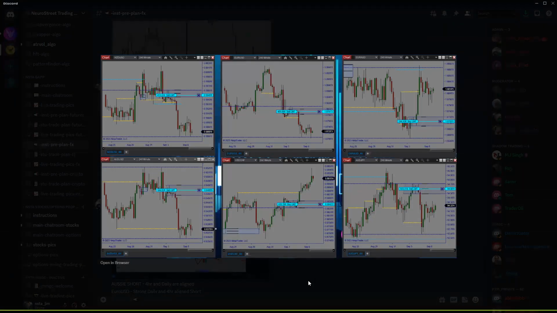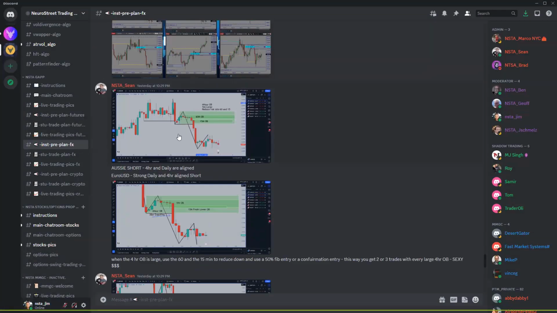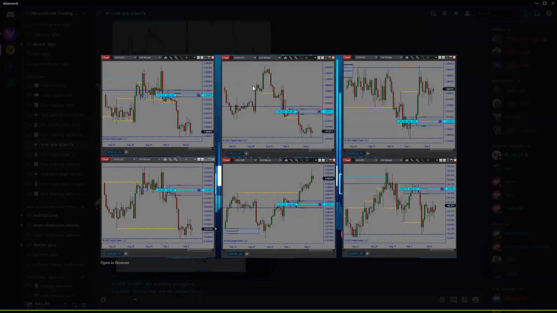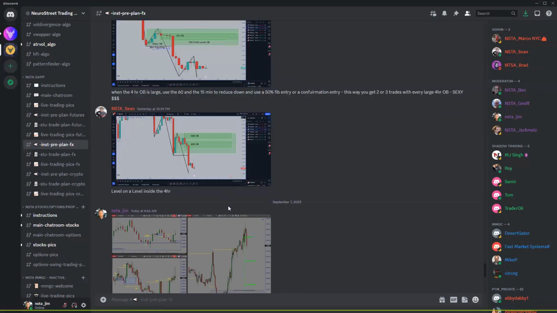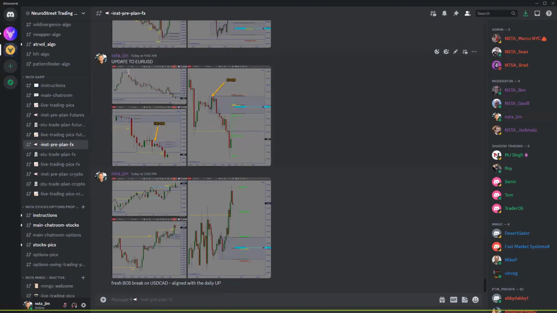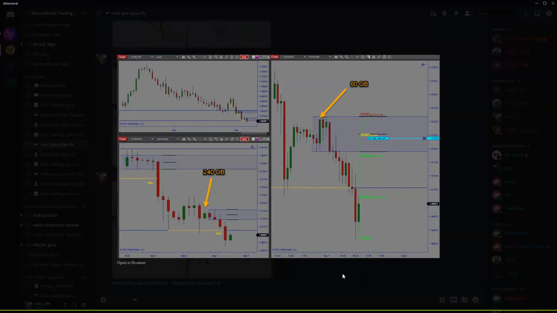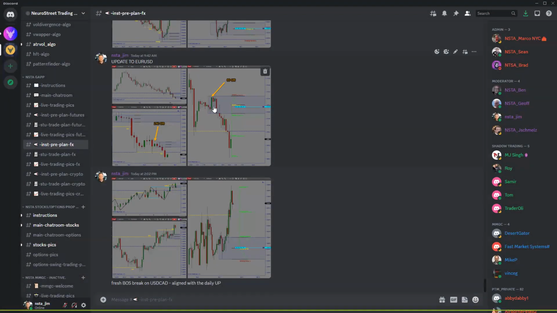Here's an example of our trades that were pending. And we update them as we go. So like we had, here's euro dollar right there. And then if we come down here, we can see the update to euro dollar. Okay, we updated to a new trade. So you just go in and update it. This is available for our traders all the time. And I go in every 4 hours or so because we're mostly trading based on a 4-hour chart, and just update the trade opportunities every 4 hours or so.